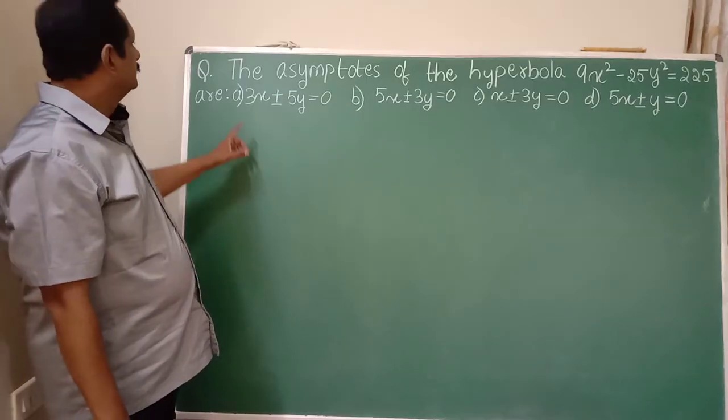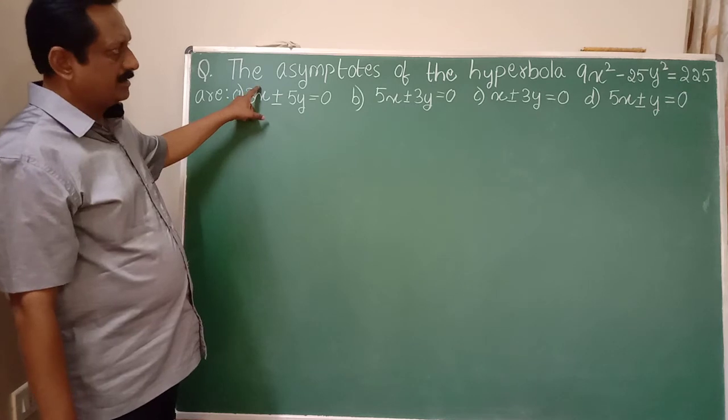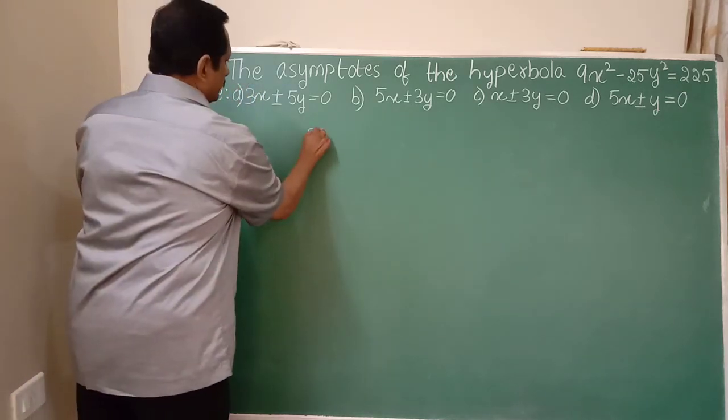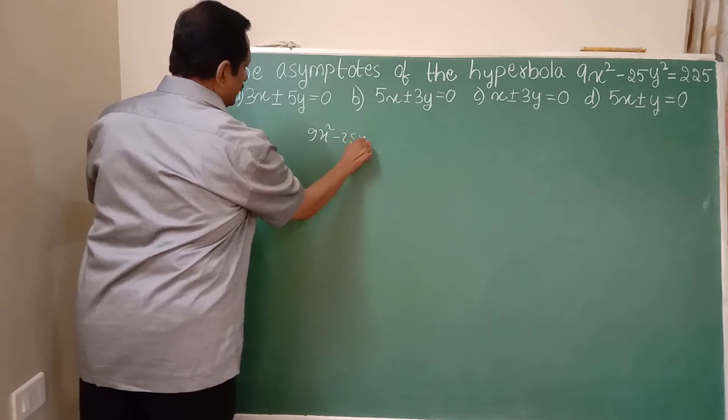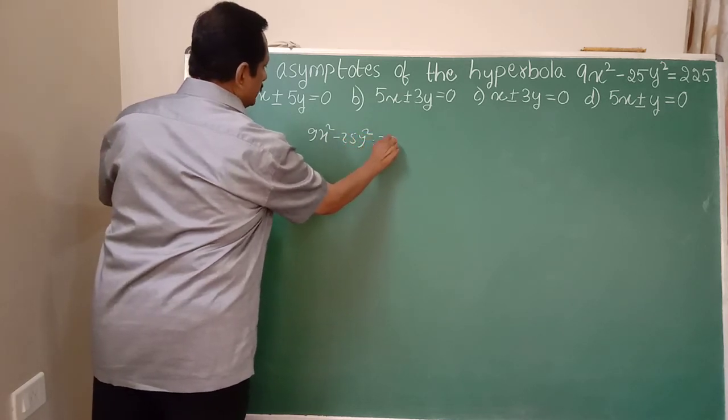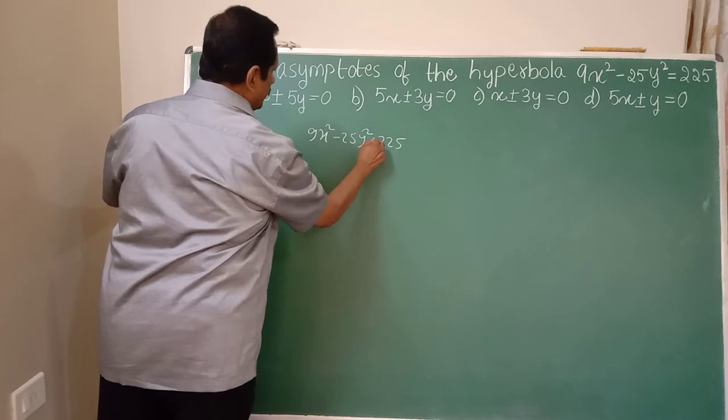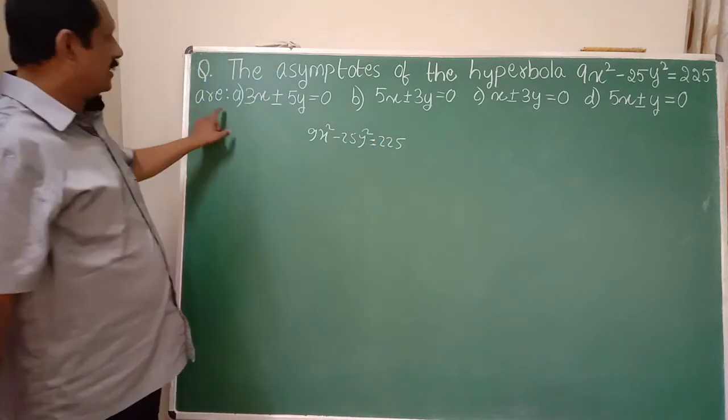Next question. The asymptotes of the hyperbola 9x² - 25y² = 225.